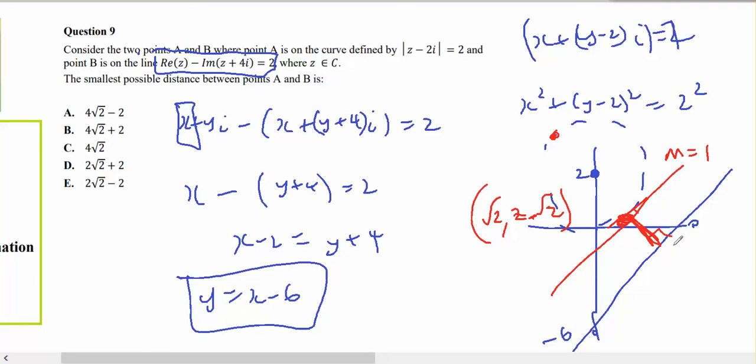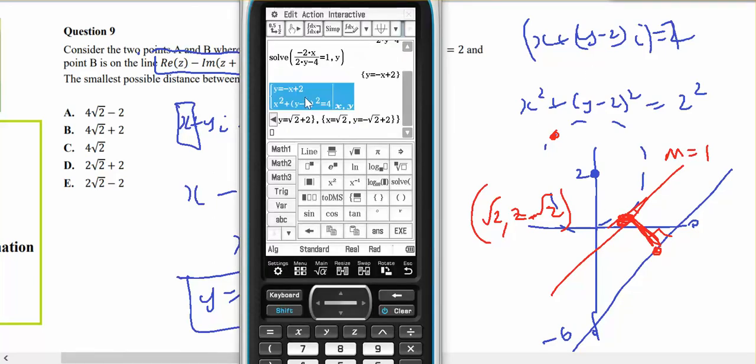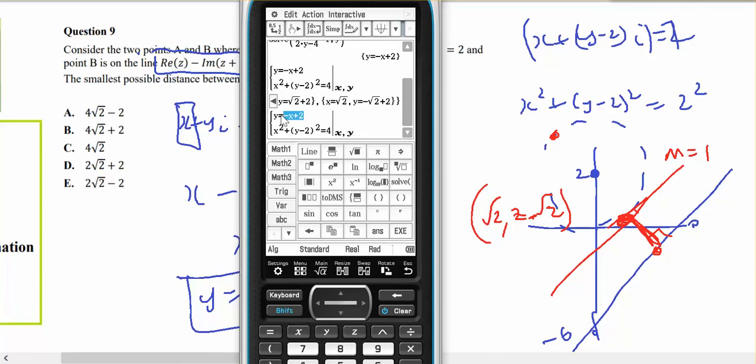So that's that coordinate. I'd like to find this coordinate section, and that will be where that line, which represents where the circle has a gradient of 1, and y equals x minus 6, which is this line over here.